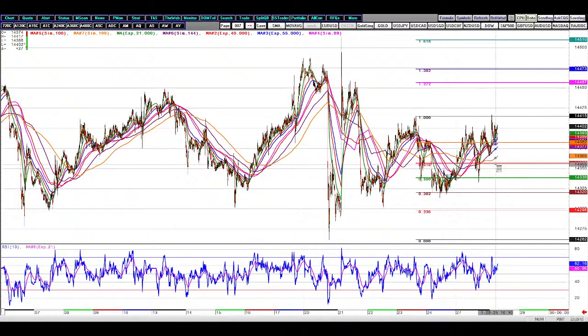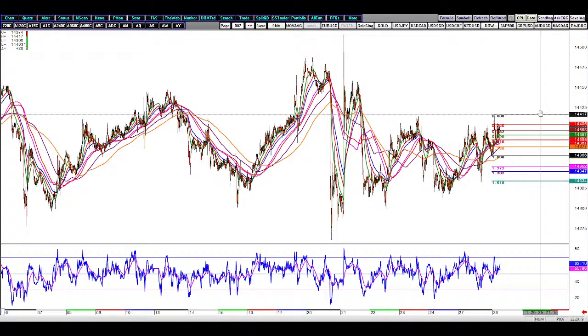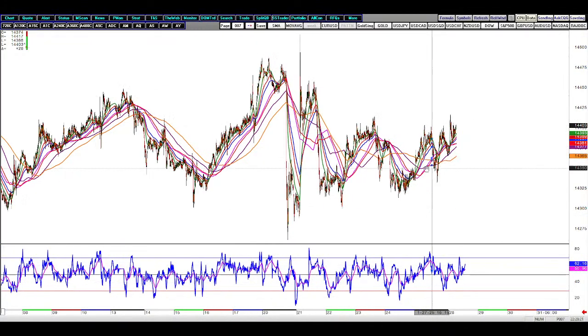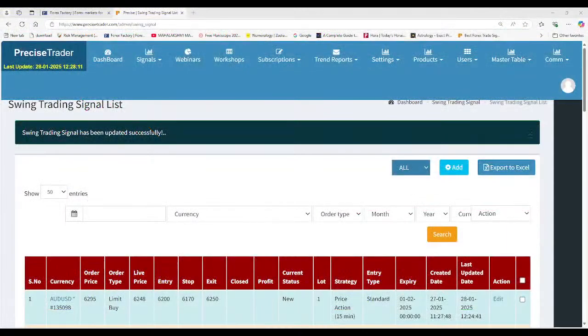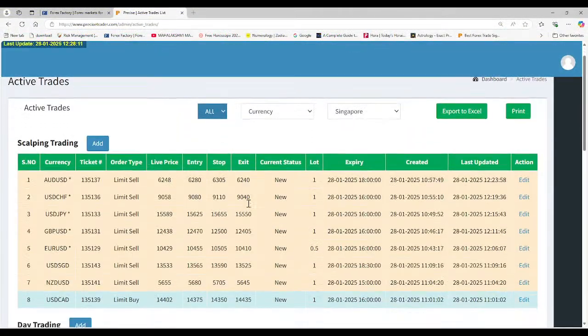143.55 should be your next buying level. Okay, 143.50 or 55. Okay, let's see what we have given.